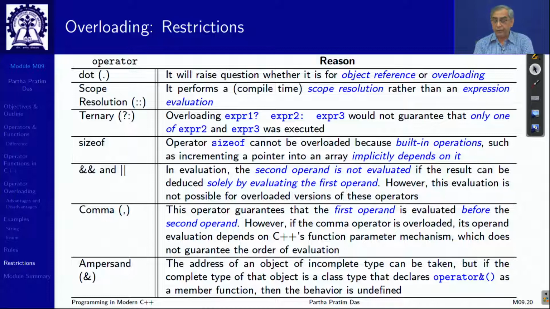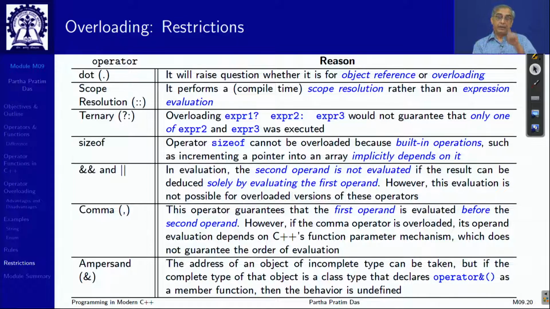The sizeof operator cannot be redefined, because the compiler itself depends on it. So, you cannot change its meaning. Similarly, for the logical connectives AND and OR, if you overload them, then you will lose that shortcut property. If you overload comma, you will lose the property of sequencing, and you cannot overload the ampersand operator.